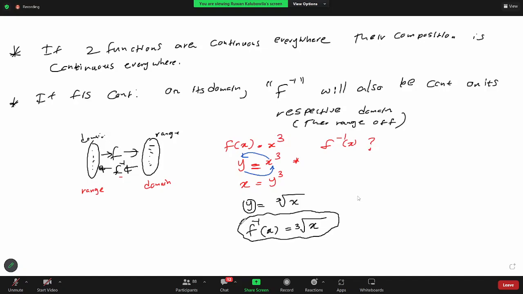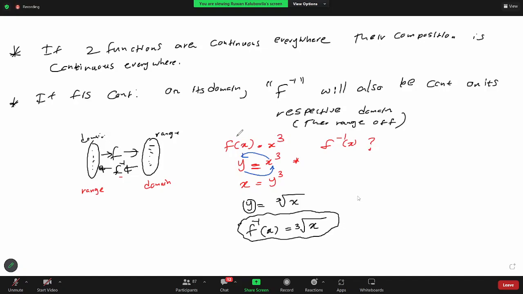So in the very first lesson, when I took the attendance, some student sent a message to the chat box. I didn't see that message, but he or she asked how to find the inverse function. So now I hope you have the answer. First, take the original function.